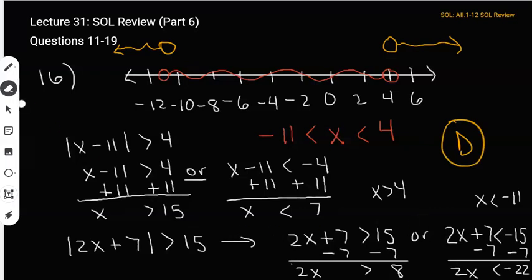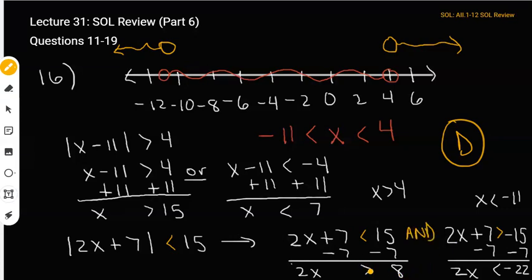So here's what happens. You could have a less than symbol right here. The way that would work is this sign would flip. So you would have less than, this would be a greater than, and then the word in the middle would be "and" instead of "or."